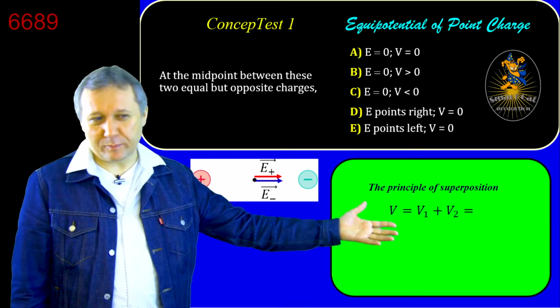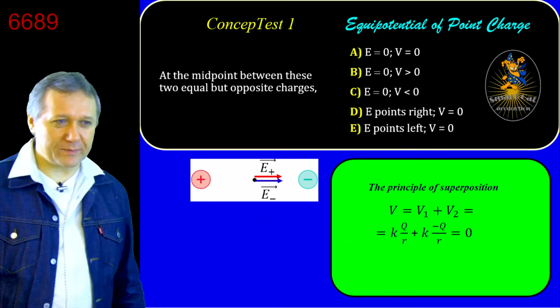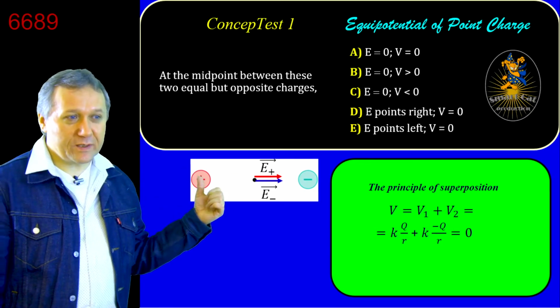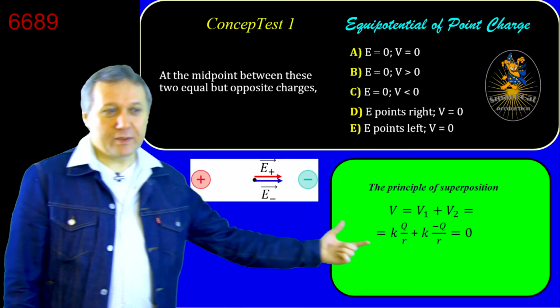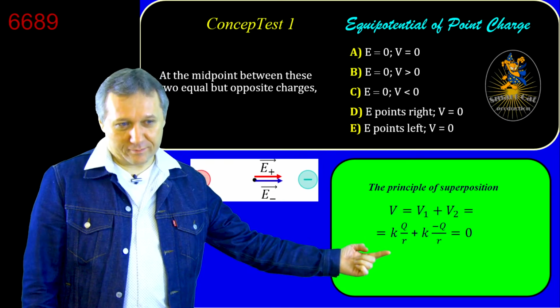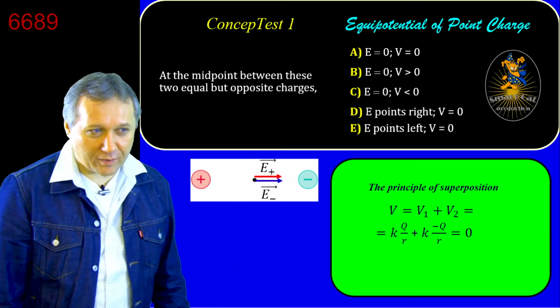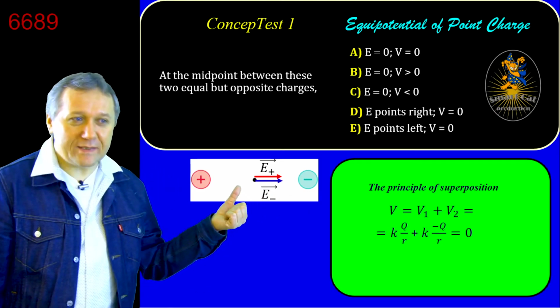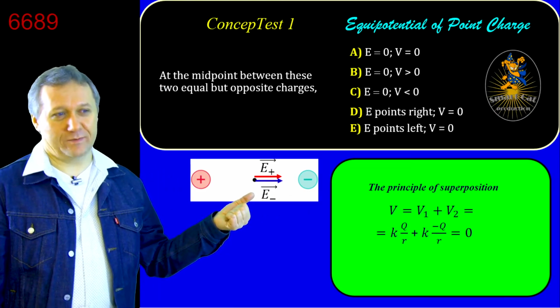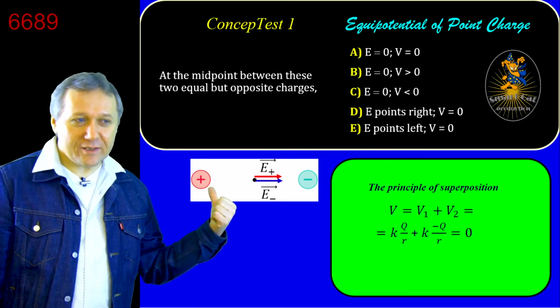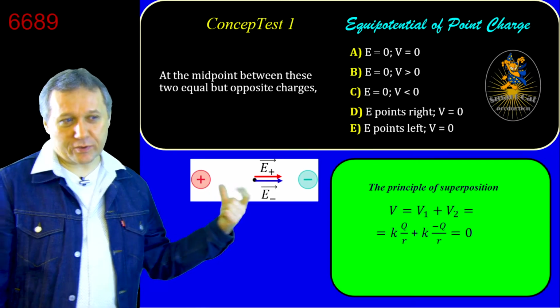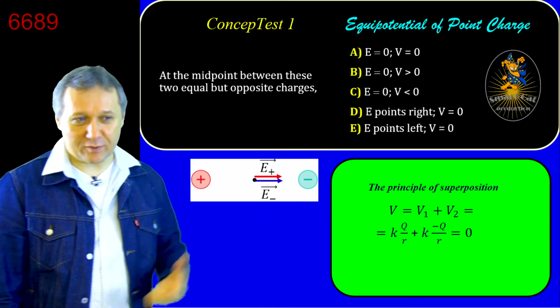Actually, I should probably have used V plus and V minus, but it's not a big deal. The contribution from the positive charge will be kQ over R, and from the negative, minus kQ over R. The R's are the same because this is the midpoint between the charges. And the charges are the same in absolute value, but of course one is positive and one is negative.